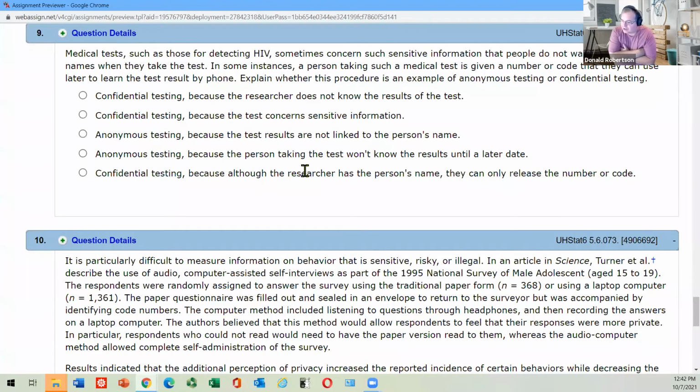So obviously, we don't need to know who you are, right? But we need to contact you to tell you whether it was positive or negative. They've got to do that. I don't know if the tests now are instantaneous, where they can tell you the answer. So in this case, they need to do that. And they say, explain whether this procedure is an example of anonymous testing or confidential testing.